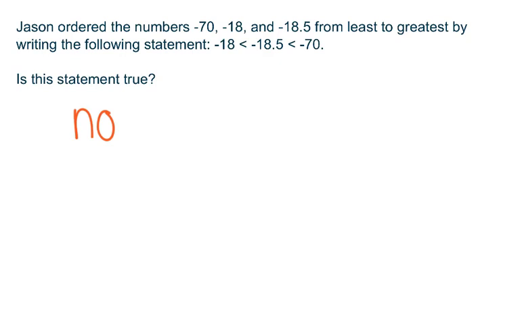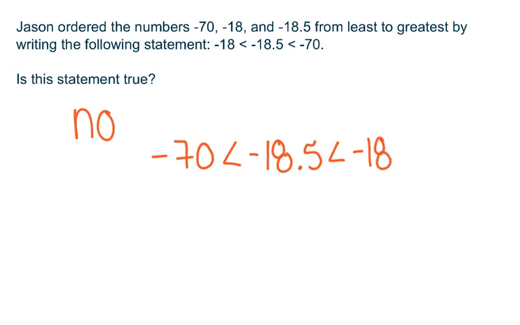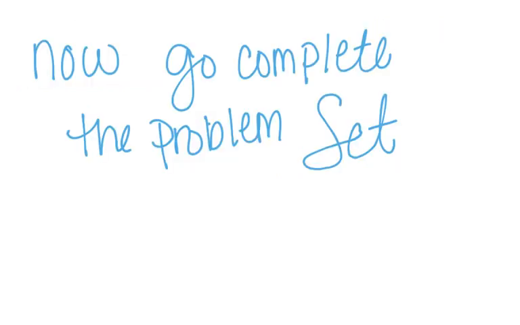Jason's statement is not true because -70 would be less than -18.5, which would be less than -18. Remember, when we're going to the left on a number line, the farther left you go, the smaller the number. Now, go complete the problem set.